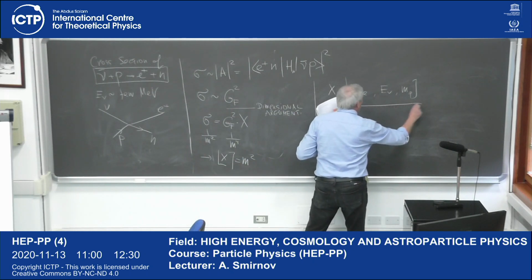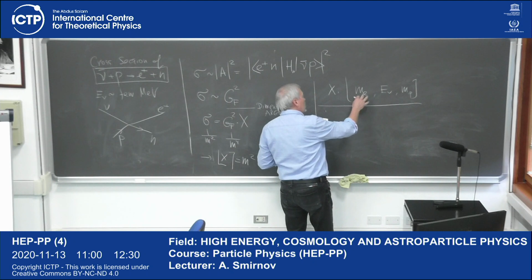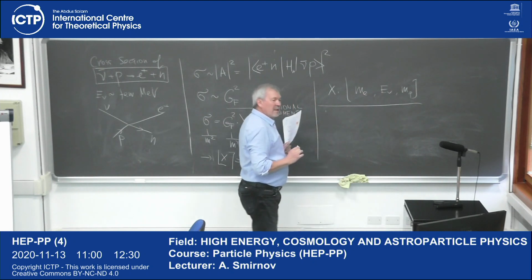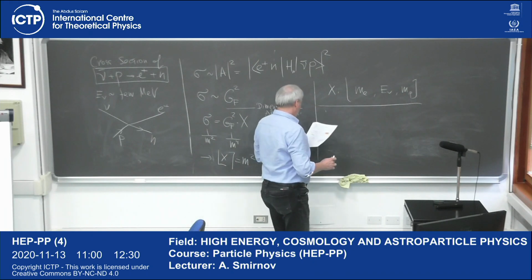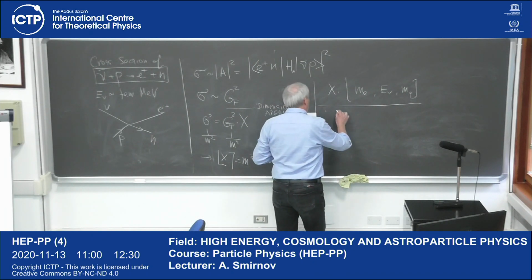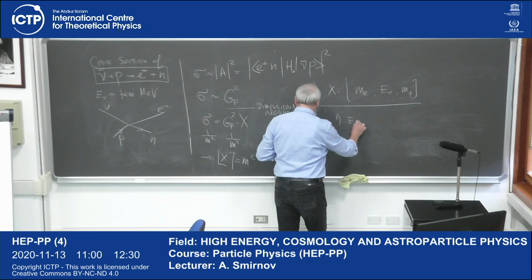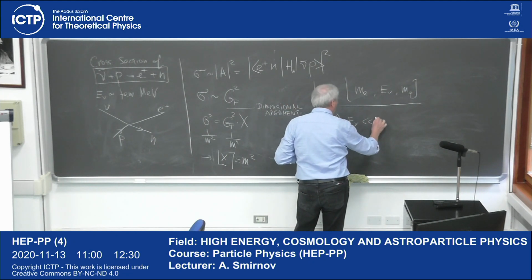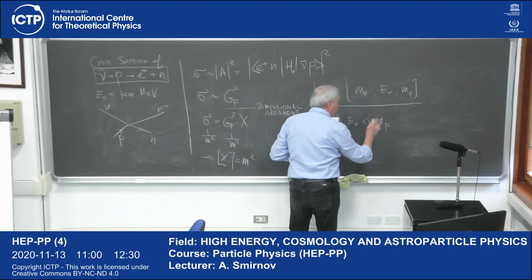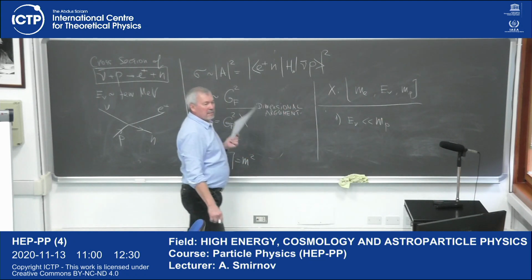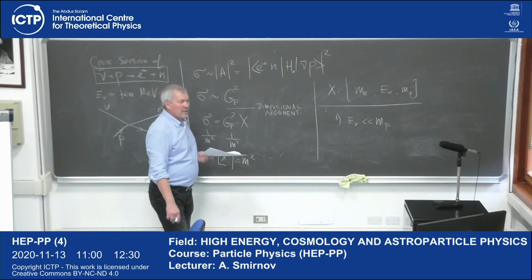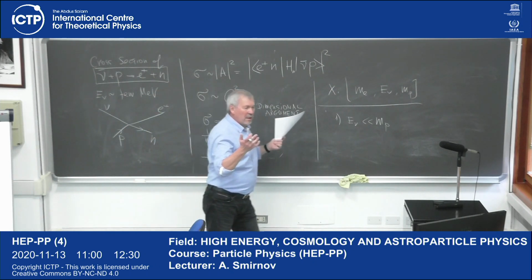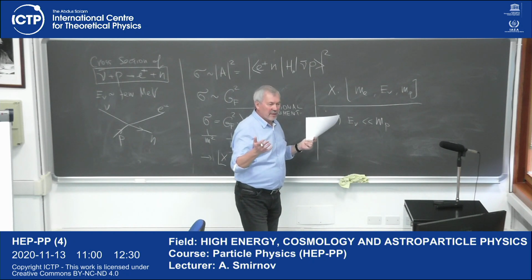Now physical arguments. Now we need to select which kind of combination of these energy parameters should be written instead of x. So the first observation is that the energy of the neutrino is much smaller than the mass of the proton. Right? The energy of the neutrino is MeV, while the mass of the proton is 1,000 MeVs.